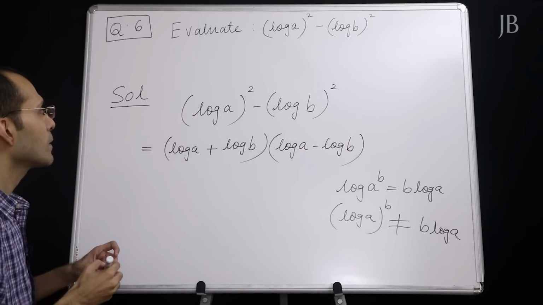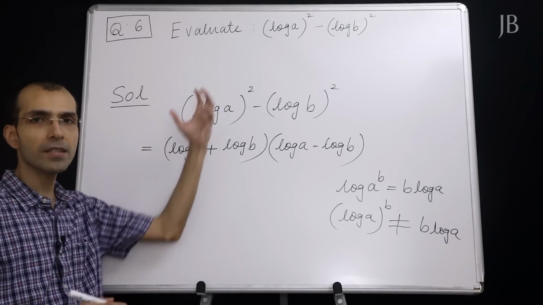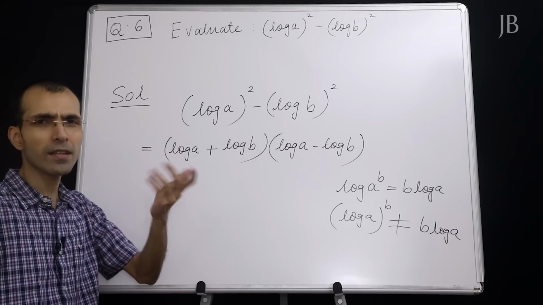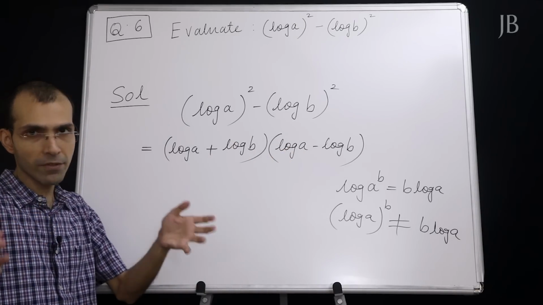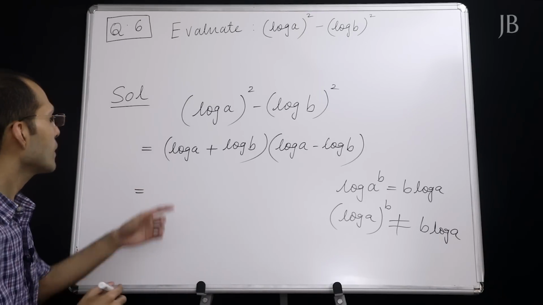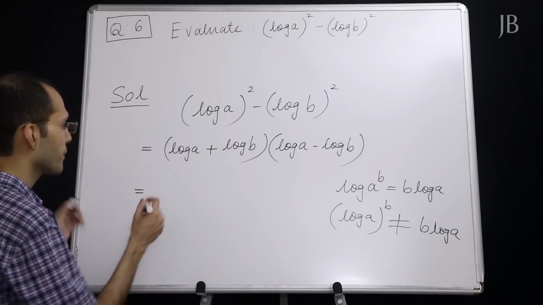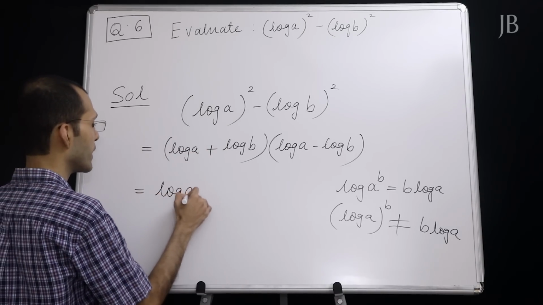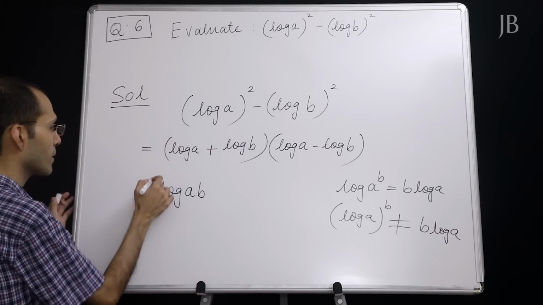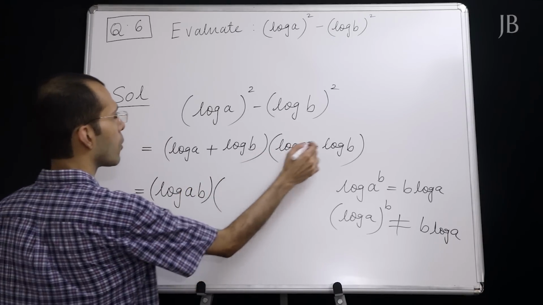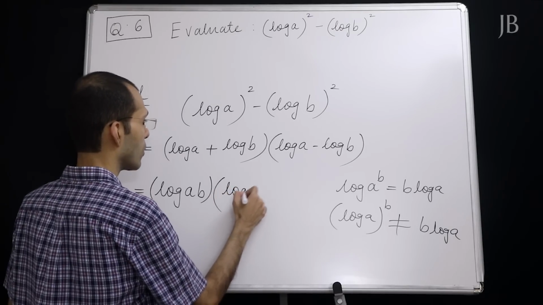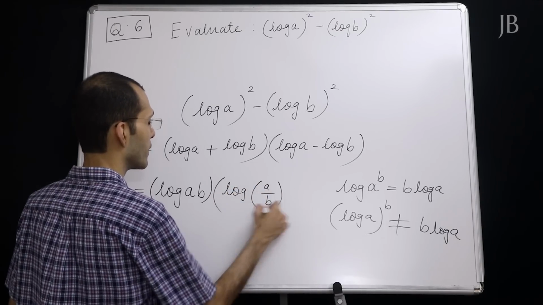Okay with this? So log a the whole square minus log b the whole square will be nothing but log a plus log b into log a minus log b, using our difference of two squares factorization funda. But we need to simplify to the best possible level. So log a plus log b will be log of ab, law number 1, into log a minus log b, which will be log of a by b.